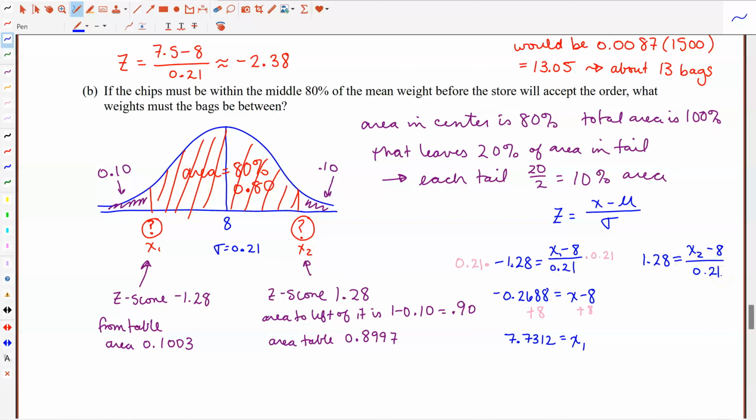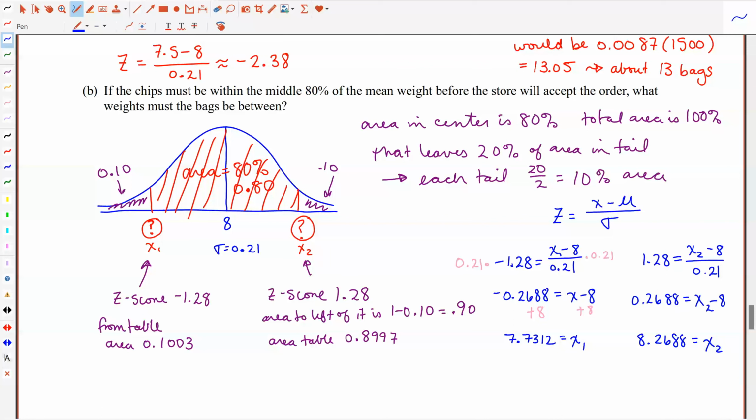Again, we'll multiply both sides by 0.21, and we'll get positive 0.2688 is equal to the data value x2 minus 8. To undo subtracting 8, we'll add 8 to both sides, and we end up with 8.2688 is that data value that would be to the right.